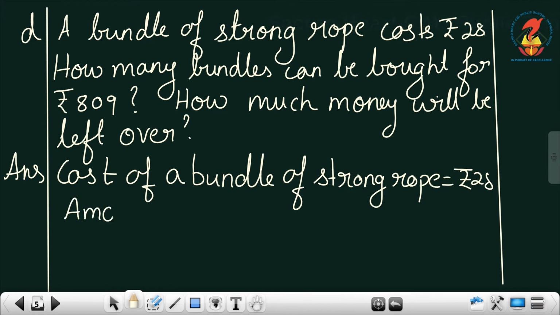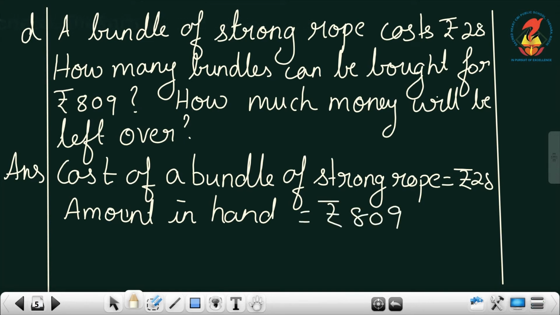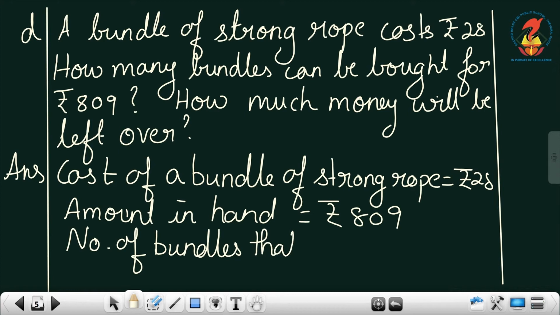Amount in hand. We don't know who is having the amount, so I am simply giving you the statement, amount in hand, that is rupees 809. So, how many bundles can be bought? Number of bundles that can be bought.